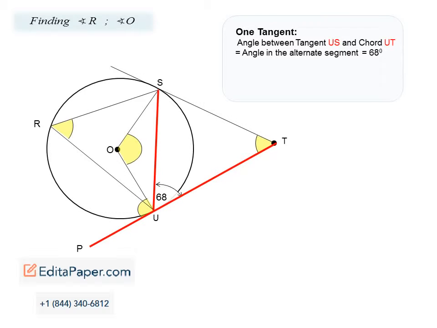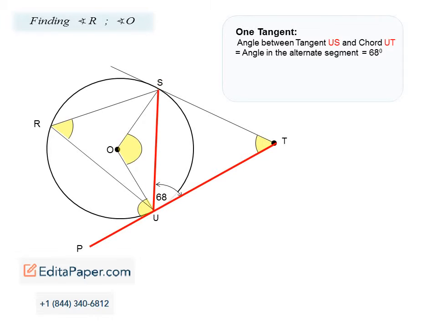So let us find first angles R and O. Now notice that we have used our observation that the angle between the tangent PUT and the chord SU is 68 degrees.